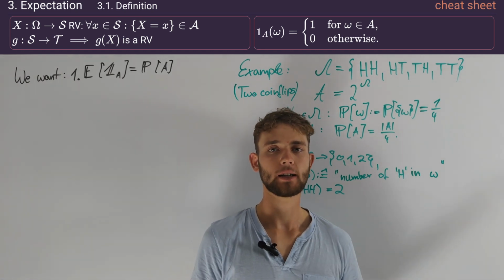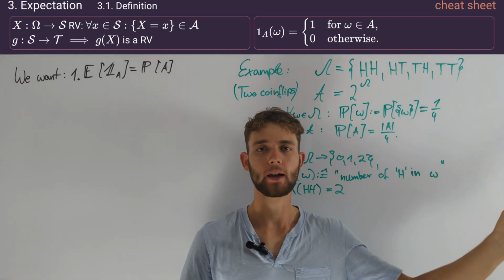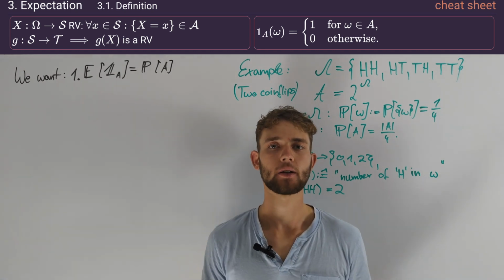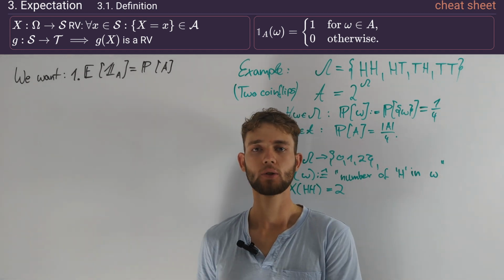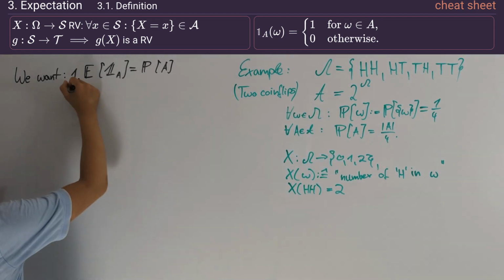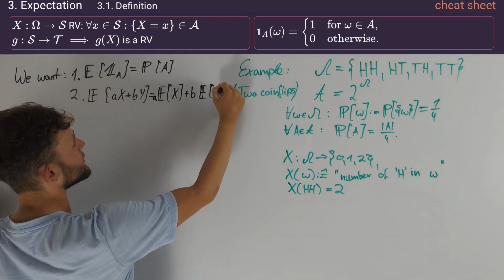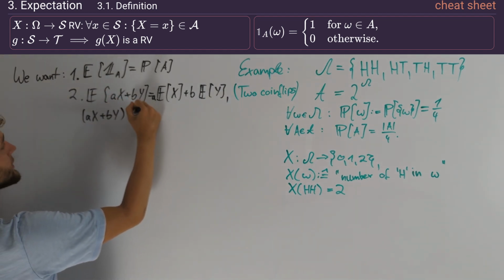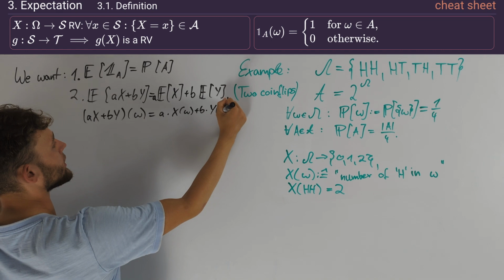Note that given a random variable X and a scalar a, we expect the random variable taking the value of X multiplied with a to have the value a times expectation of X. In the same way, for X and Y random variables, the random variable returning the value of X plus the value of Y should have expectation equal to the sum of expectations of X and Y. To sum this up, we want the expectation to be linear, where we define the random variable aX plus bY to be the random variable that takes the value a times X of omega plus b times Y of omega at a point omega.